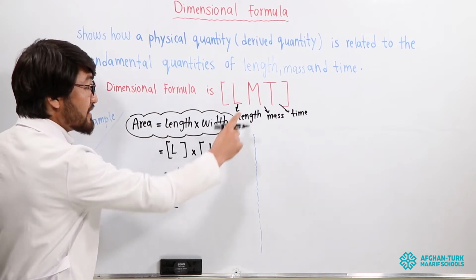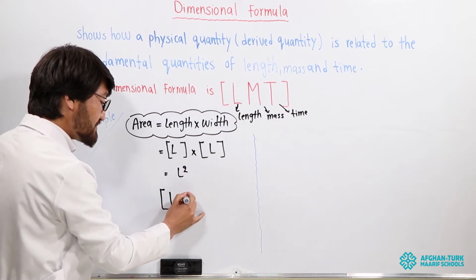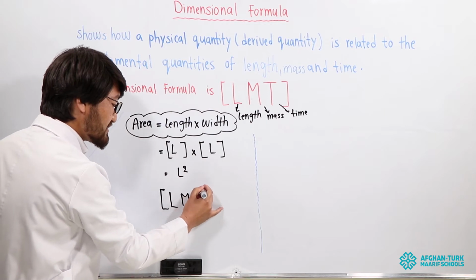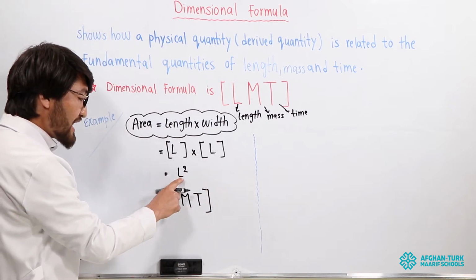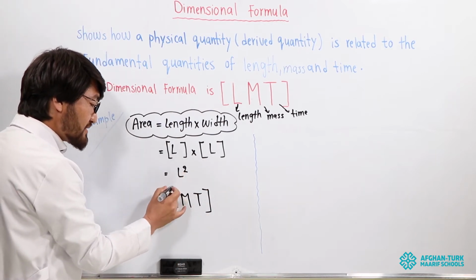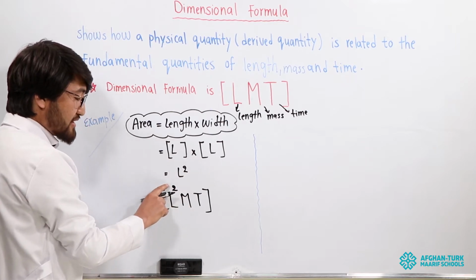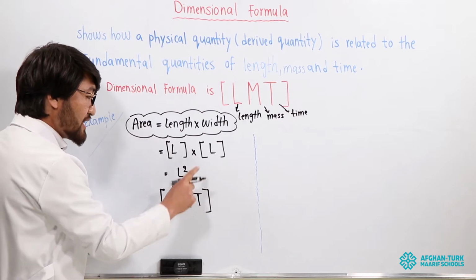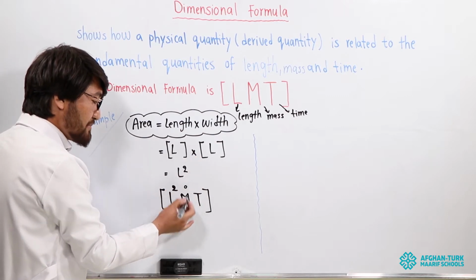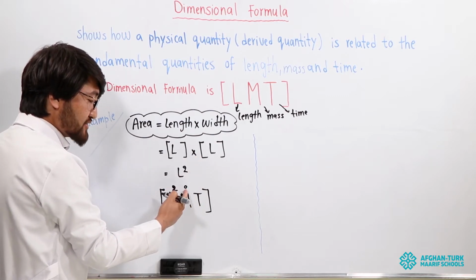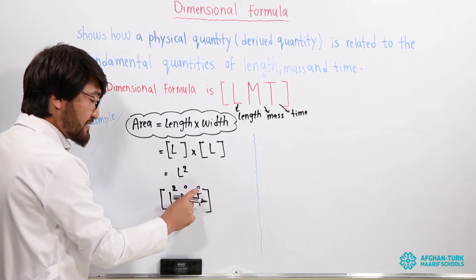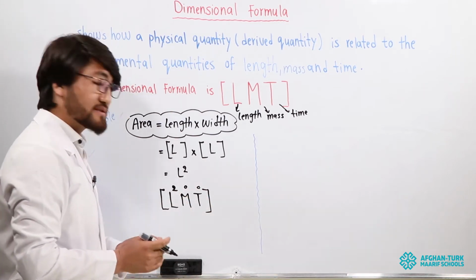Here we have L, M, T. L has a power of 2. Here we don't have mass, so the power should be 0, and we also don't have time, so the power of T is also 0.